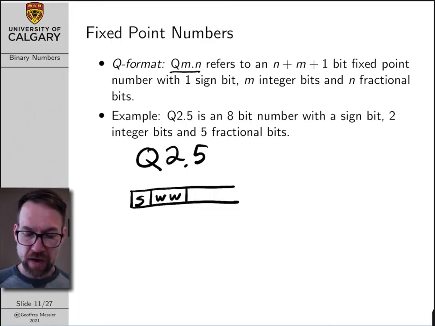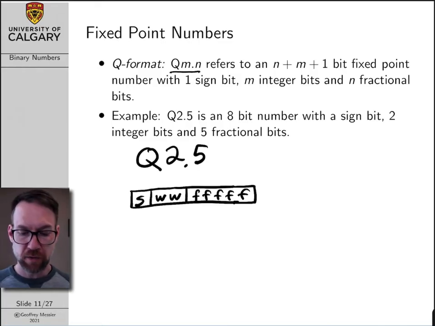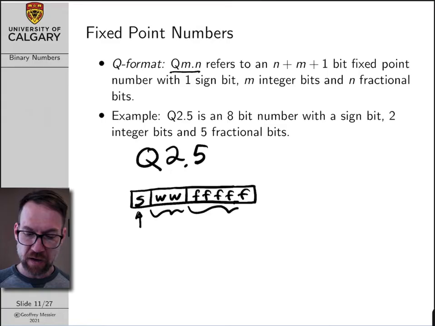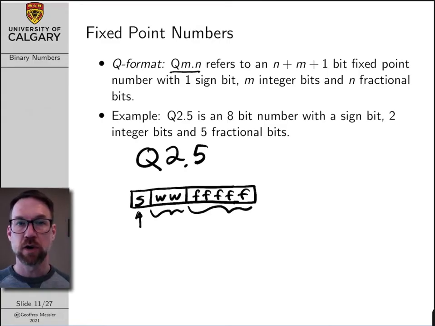And then we have 5 fractional bits. And so this is how our number would be laid out. The most significant bit is a sign bit. We then have the 2 bits allocated to store our integer, and then the 5 bits allocated to store our fraction.